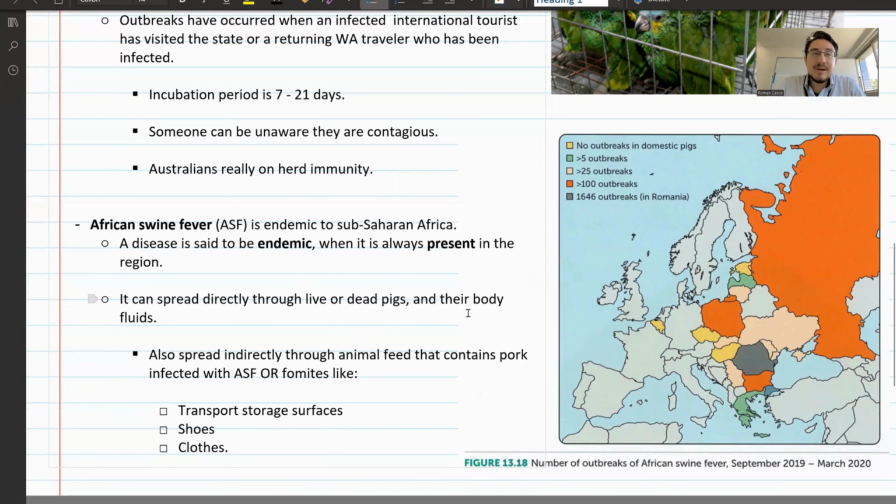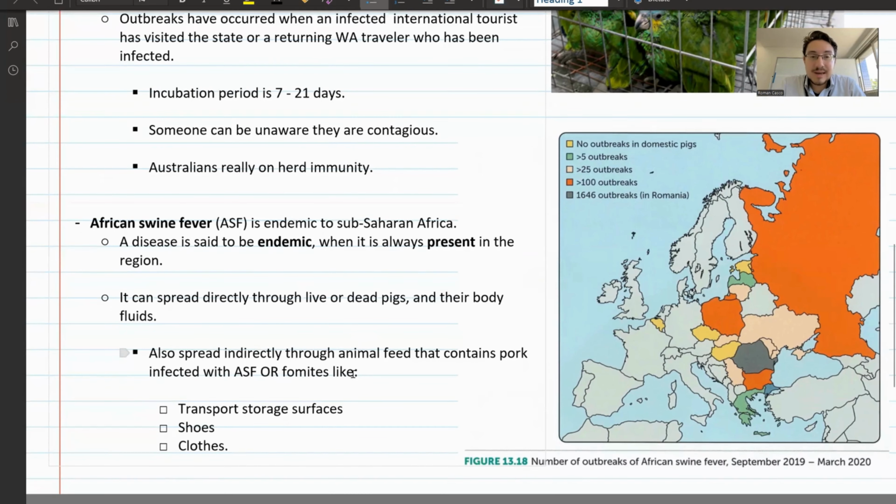And aside from that, you would get fomites. This virus could stick on storage surfaces, shoes, clothing of people, of farmers that would be working with livestock that is infected. You have this big area that is having cases of outbreak.